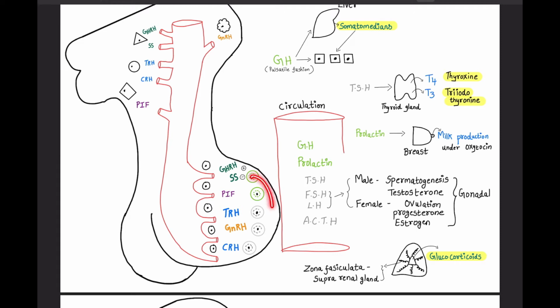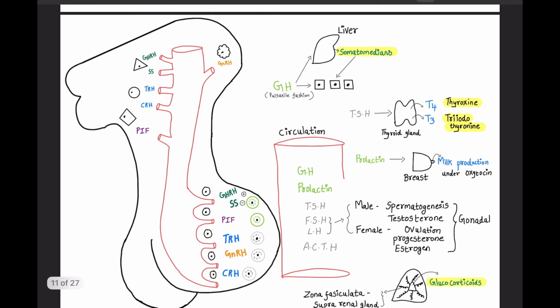These hormones are released into the circulation. There are capillaries attached closely with the anterior pituitary gland, since it has a vascular connection with the hypothalamus. Growth hormone can act directly on the tissue cells, or indirectly.